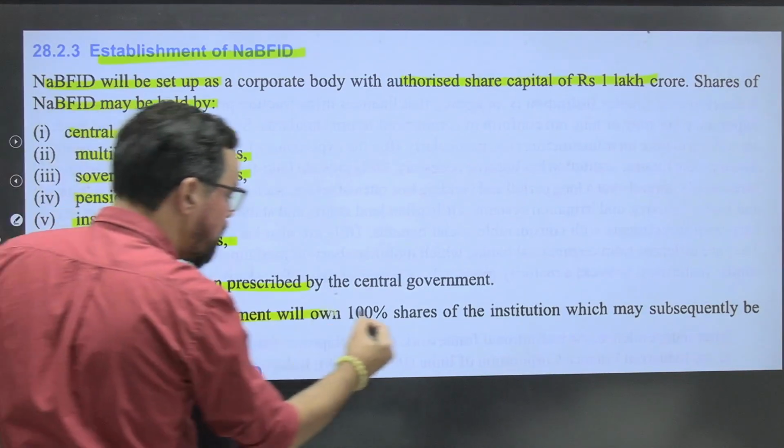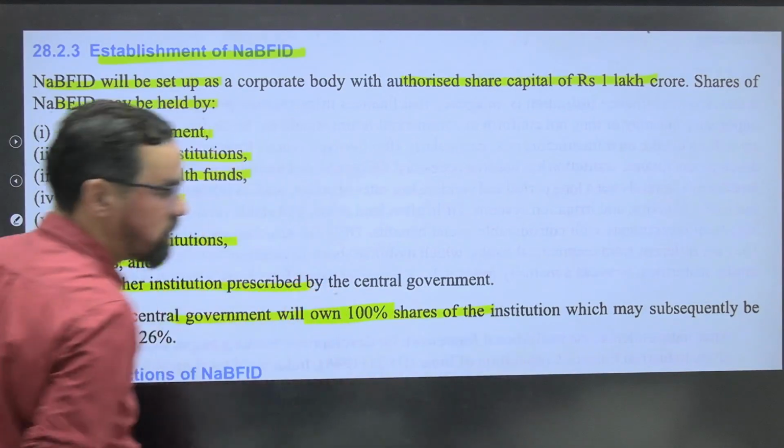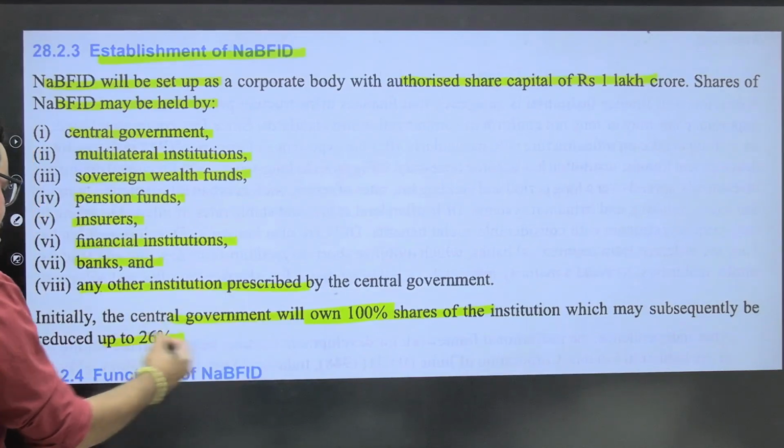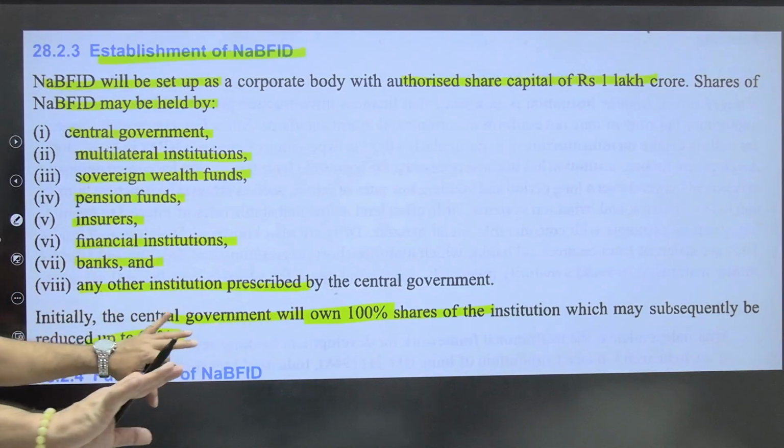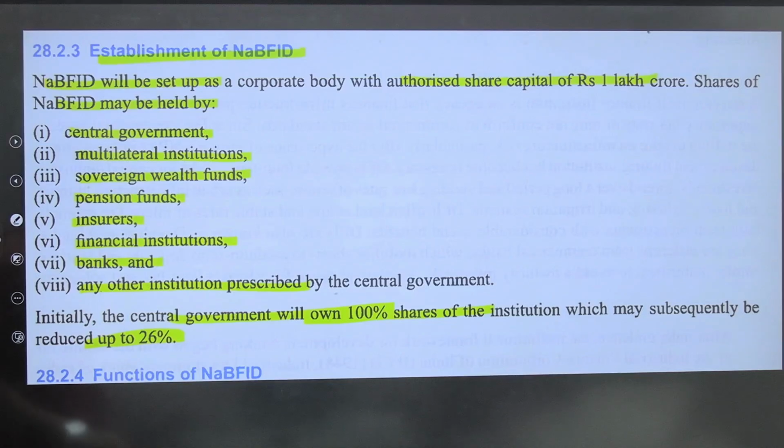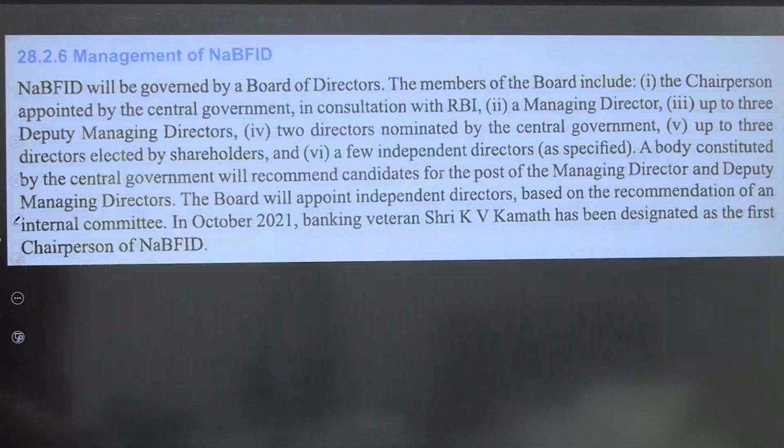Initially, the central government will own 100% of this institution. Subsequently, they can reduce it up to 26%. This is the minimum. The government cannot disinvest below 26% or above 74%, as per the norms of the establishment of the DFI itself.